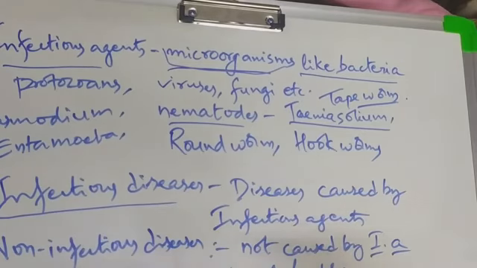Infectious diseases are caused by external infectious agents like bacteria, protozoans, viruses, fungi, etc., and also some other macroorganisms like roundworm, hookworm, tapeworm, pinworm, etc. Non-infectious diseases are caused by internal factors like high BP, low BP, genetic factors, malnutrition, etc. Infectious diseases can spread from one person to other persons through various routes.